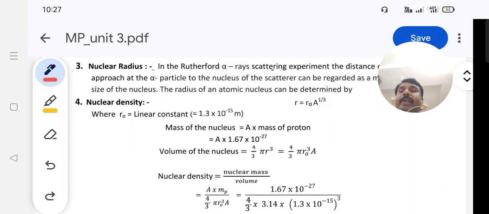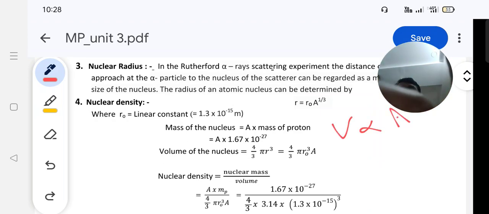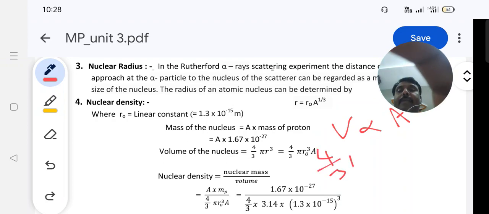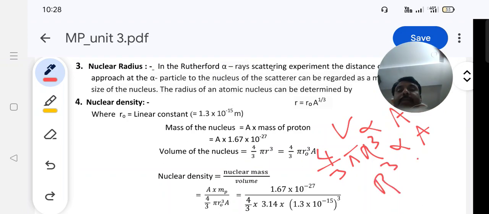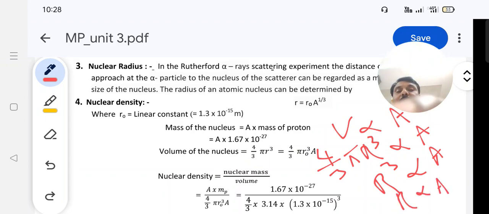The next property is nuclear radius. We know that the volume of the nucleus will be directly proportional to the mass number A. Since the volume is given by 4/3 pi r cube, which will be proportional to A, we can simply write r cube is proportional to A, or r is proportional to A power 1/3.